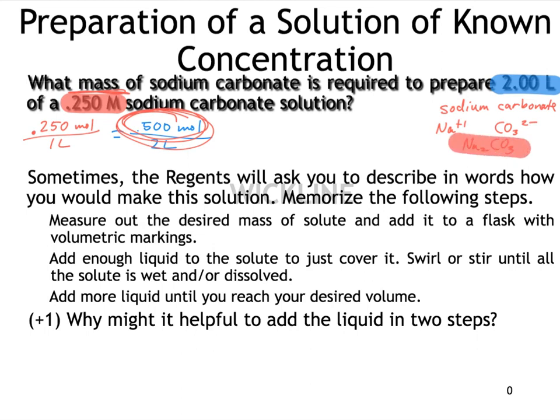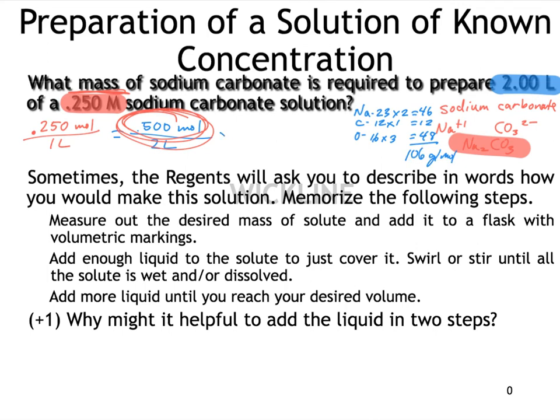But I do need to figure out the gram formula mass for that guy, so check this out. Sodium has a mass of 23, carbon is 12, oxygen is 16. I'm going to put in their quantities now. So 23 times 2 is going to be 46, 12 times 1 is 12, and 16 times 3 is 48. Let me sum. I get 106 grams per mole.